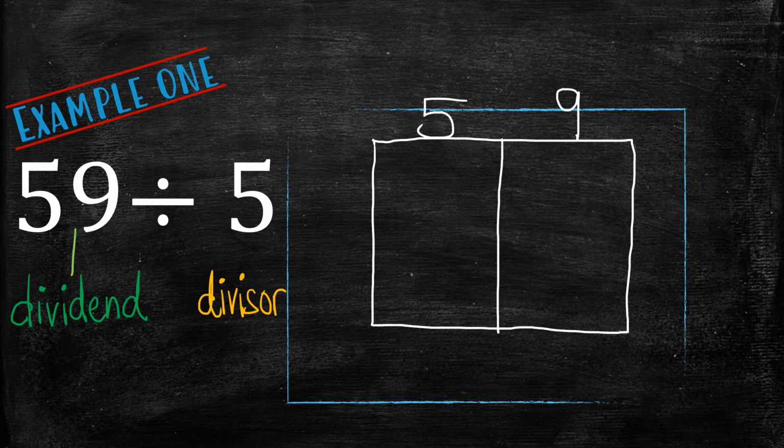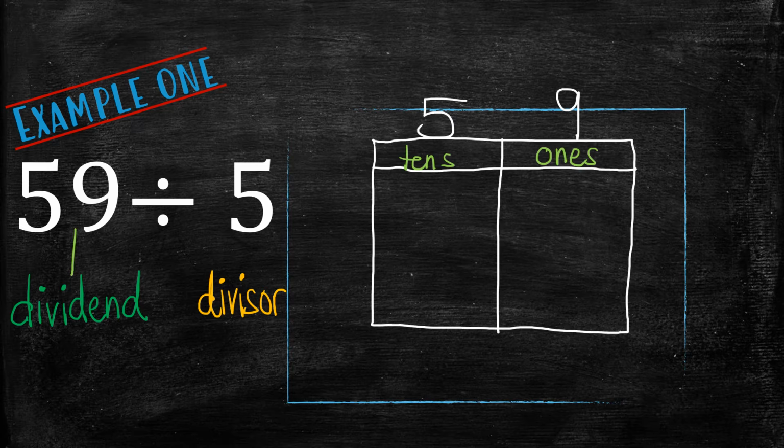Now, what I normally do with this kind of strategy, I like to label the place value of each number in the dividend because it helped me understand what role the dots actually play. So in this case, we know our 9 is in the ones place, and our 5 is in the tens place. So 5 tens, 9 ones.